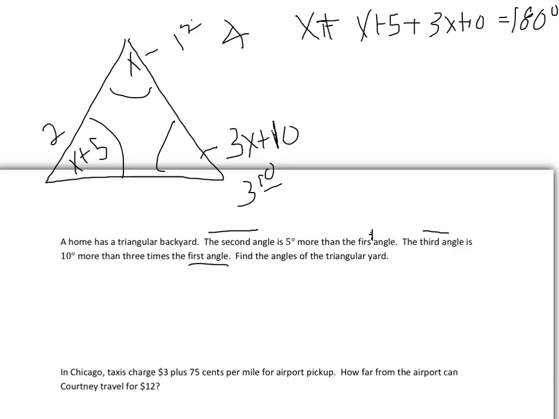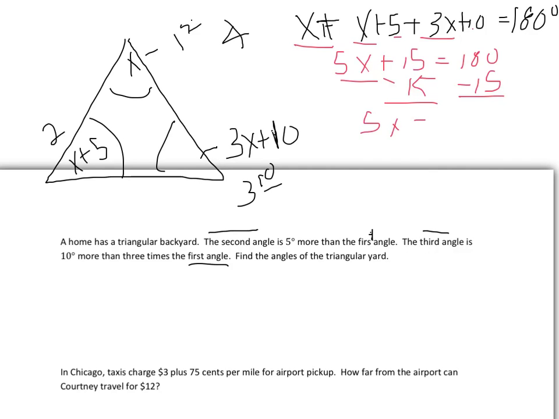Okay? So now, once we have this equation written out, we want to combine like terms. We have x, another x, and 3 x's, so we have 5x. We add our numbers, 5 and 10, plus 15 equals our 180. Now we're trying to isolate the x here, so we would have to subtract 15. So we get 5x equals 165.